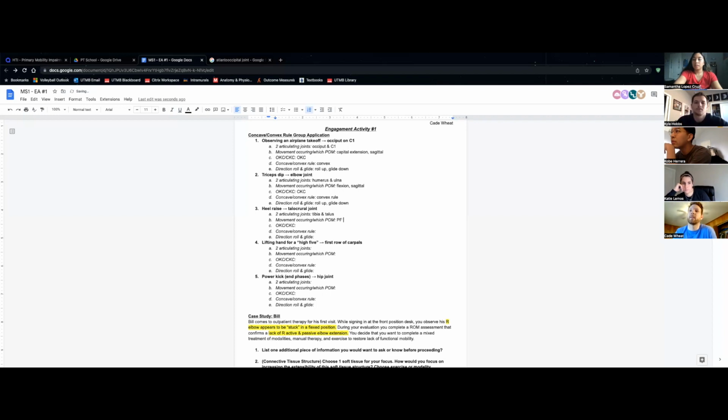Plantar flexion, which is just sagittal again. And then you have to be on the ground, so closed chain, or your foot has to be on something.